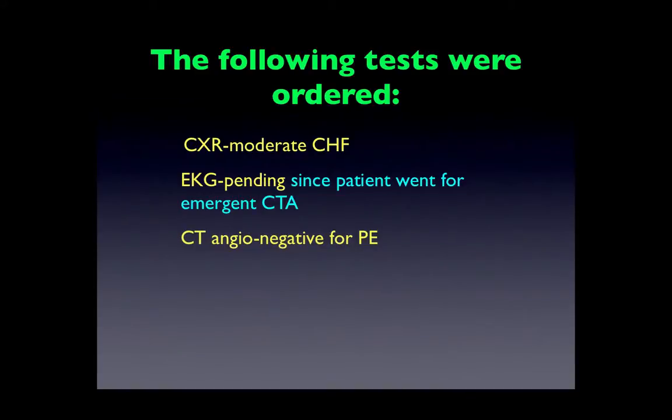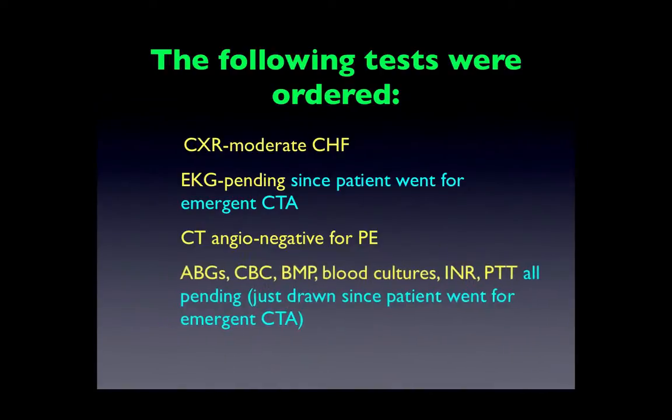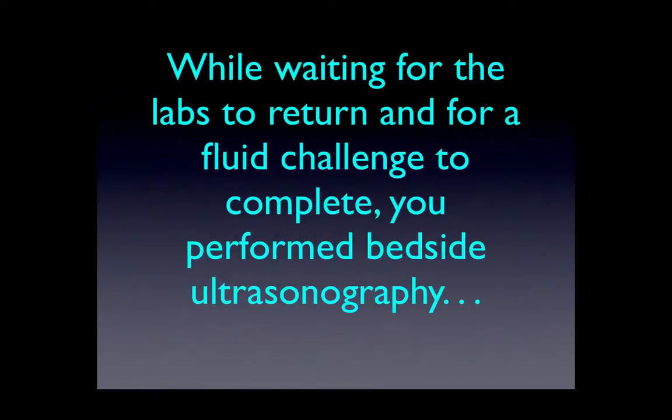The patient did come back, and the CT angio was negative for pulmonary embolism. Once he arrived back, ABGs, CBC, BMP, blood cultures, INR, and PTT were drawn and are all pending. While waiting for the labs to return, and for a fluid challenge to complete in view of his hypotension, you performed some tests with bedside ultrasonography.